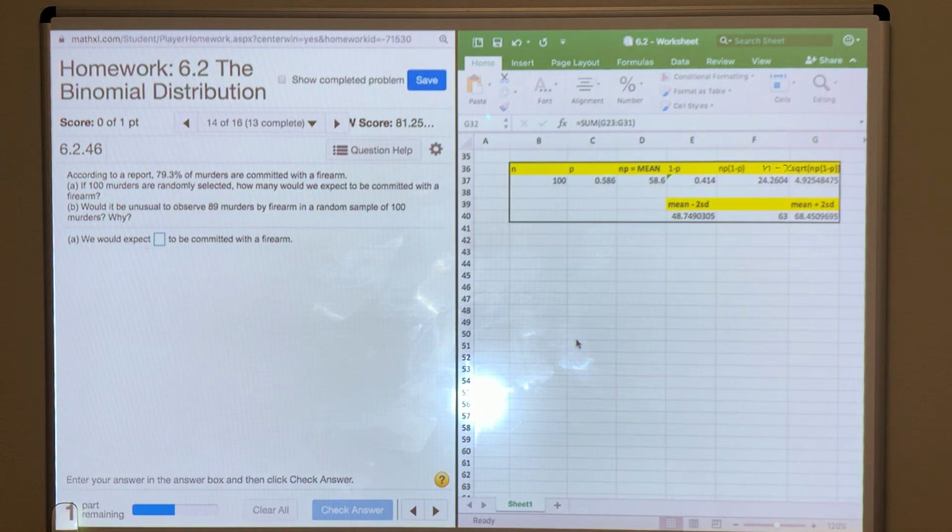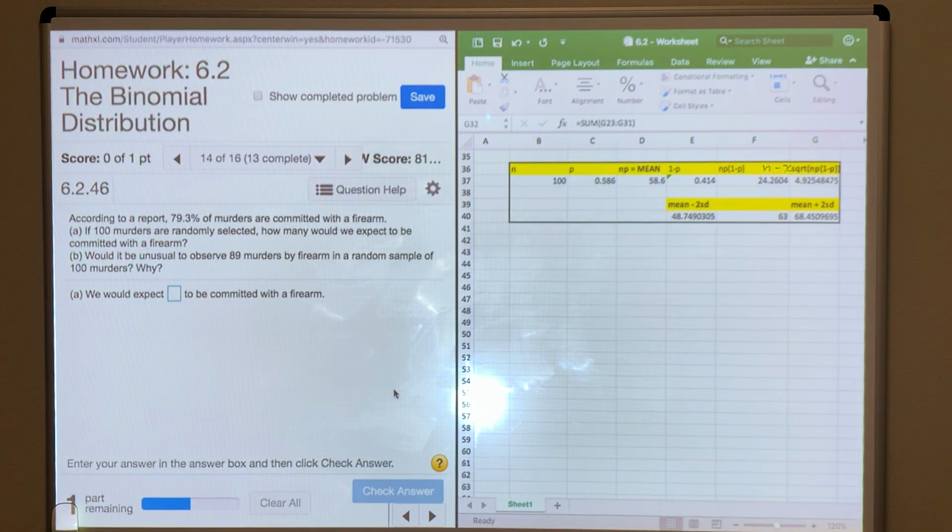Okay, according to a report, 79.3% of murders are committed with a firearm. If 100 murders are randomly selected, we're doing part A here, how many would we expect to be committed with a firearm? Okay, so this is super easy. Given what we just came from, this is really easy.